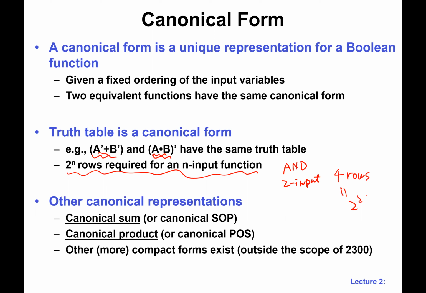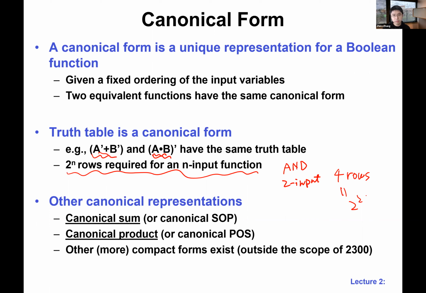But are the 4 rows just because you chose a function that is simple and only has AND? If it were a more complex function with OR also, would it have a different number of rows? No, this is actually independent of the kind of function that we are dealing with, whether we are looking at an AND gate, an OR gate, or any arbitrary Boolean function.